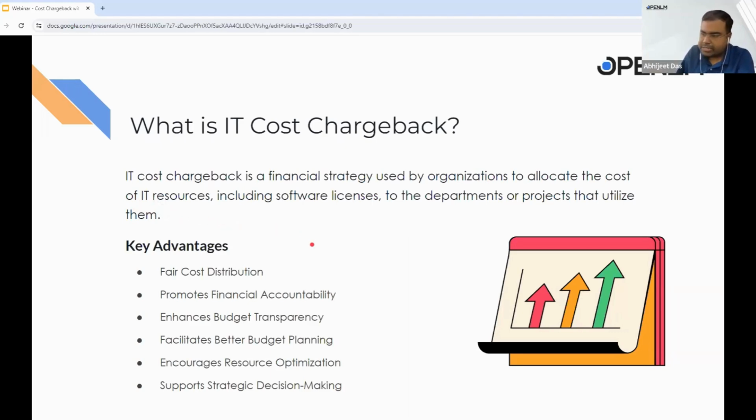The key advantages: fair cost distribution, promotes financial accountability, enhances budget transparency, better budget planning, encourages resource optimization of your hardware and software resources, and it supports strategic decision making, right? This strategic decision making comes into the picture when you have a maintenance due, or when you are going for procurement or fulfilling additional project requirements.